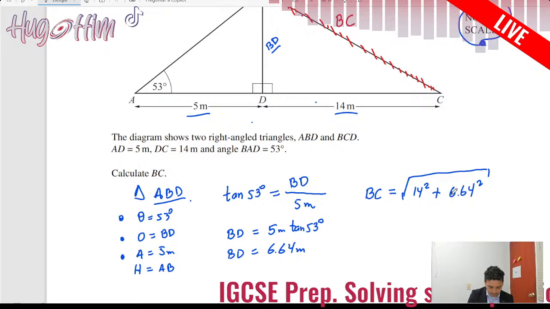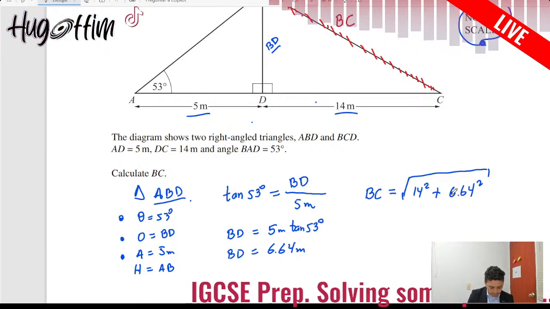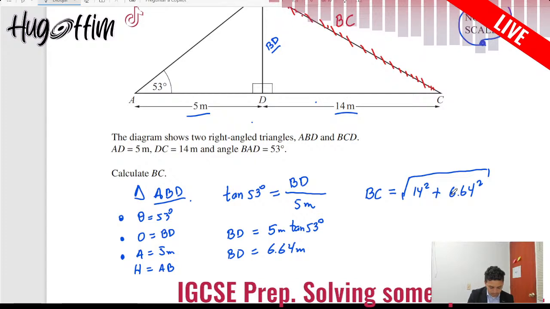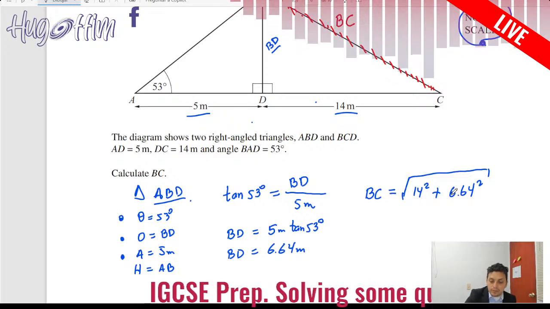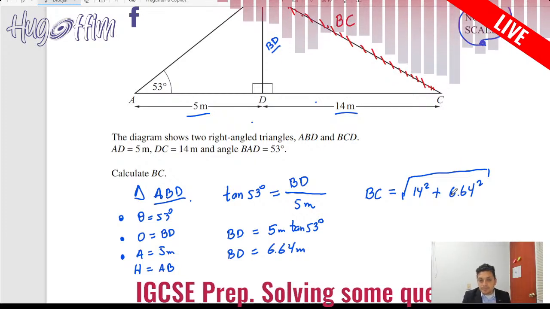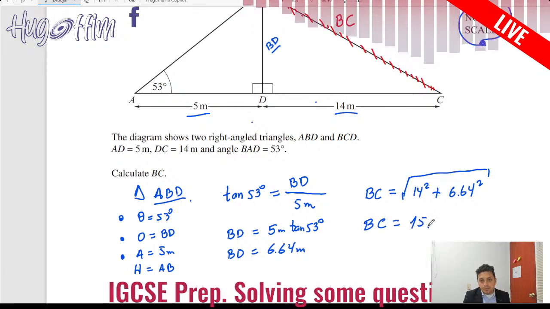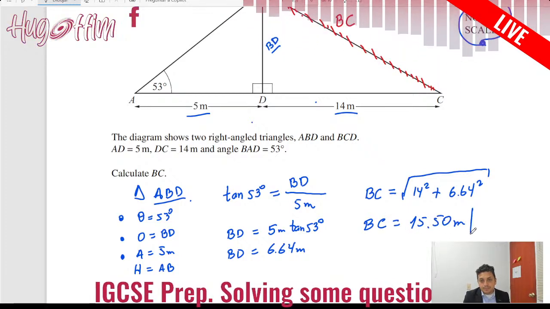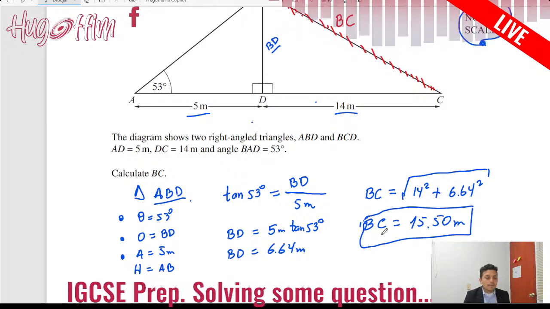That gives 15.50, so BC is going to be 15.50 meters. Okay, so I already got BC.